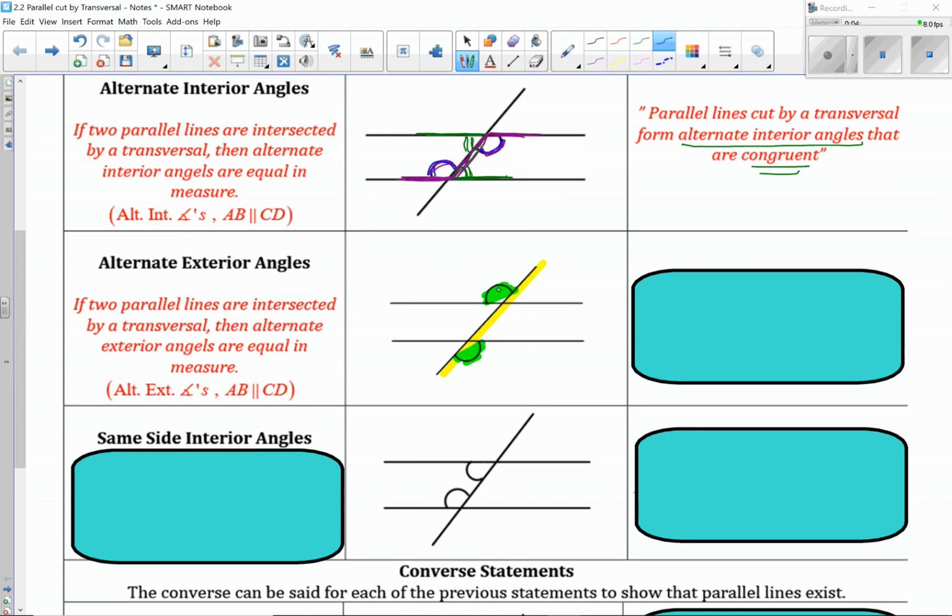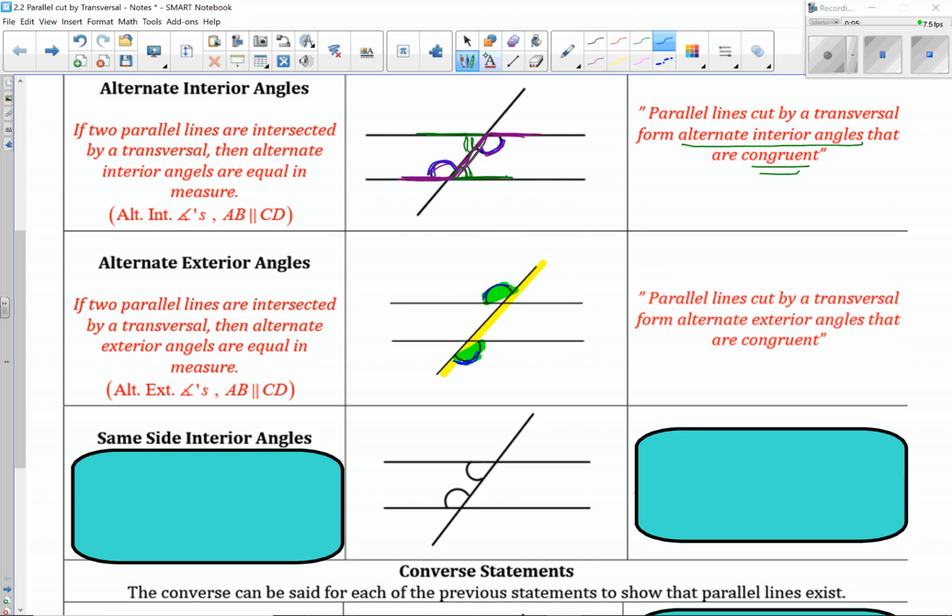Again, they're outside of the parallel lines and on opposite sides of the transversal. So that sentence is going to look like this. And once again, parallel lines cut by a transversal form alternate exterior angles that are congruent. Once again, that specific angle relation is the only difference in that sentence. So all three of those are very, very similar.